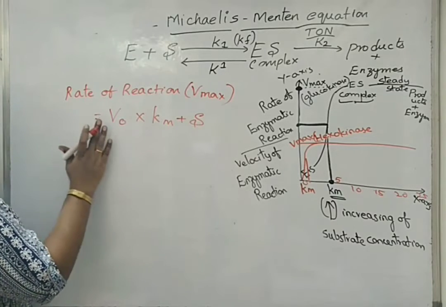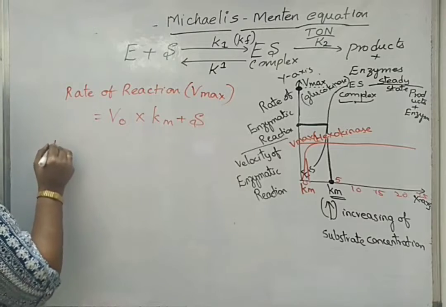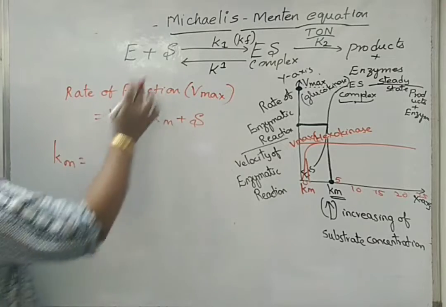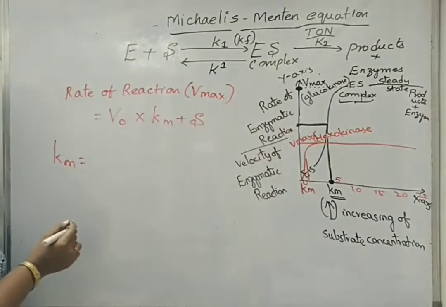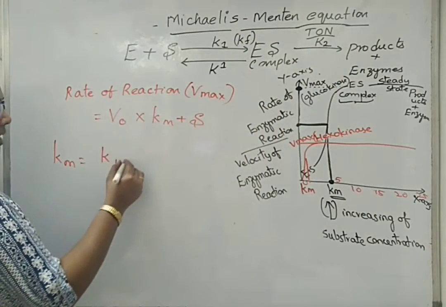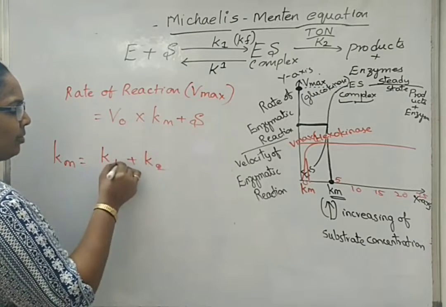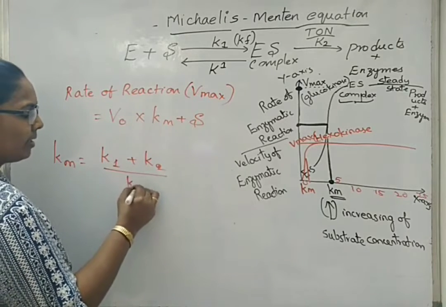So this will be the equation for Vmax. Next, for finding Km value from enzyme plus substrate, enzyme substrate complex and the products, is there any equation? Yes. K1 plus K2 divided by K1.